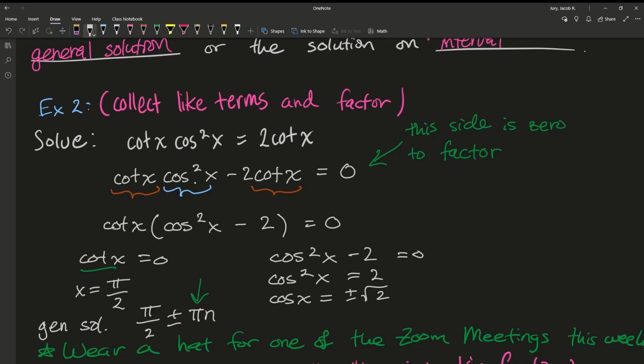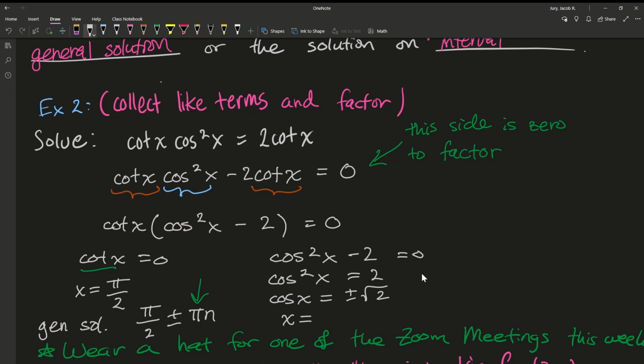And I want to know, where is this x equal to, what angle gives me a cosine of plus or minus radical 2?